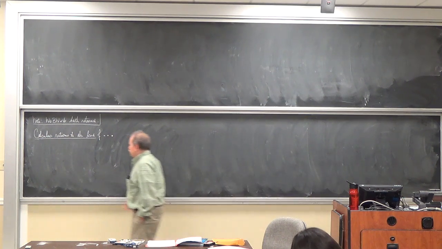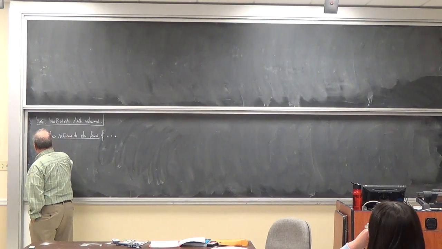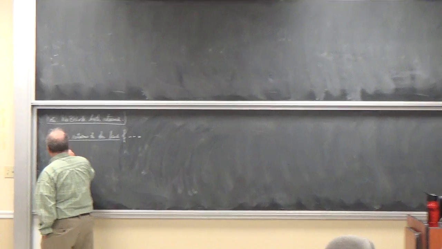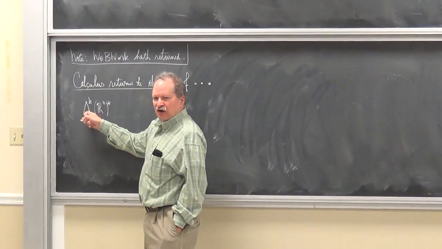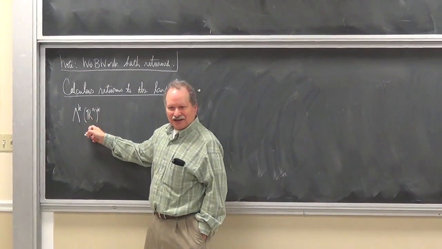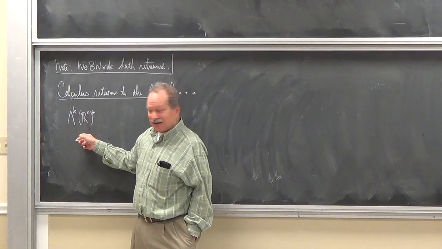So recall that lambda k of Rn star is the vector space of alternating multilinear functions that eat k vectors in Rn.